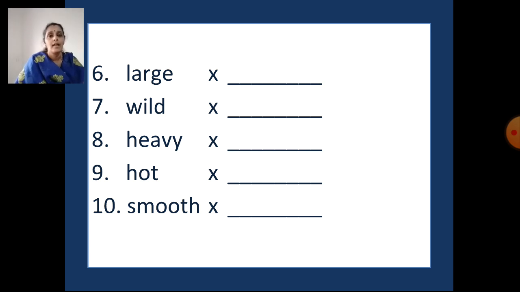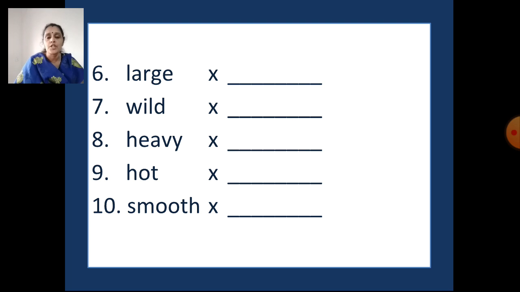Sixth one, L-A-R-G-E, large. Copy these words and you have to write the opposites for these words again. Seventh is W-I-L-D, wild. Eighth is H-E-A-V-Y, heavy.